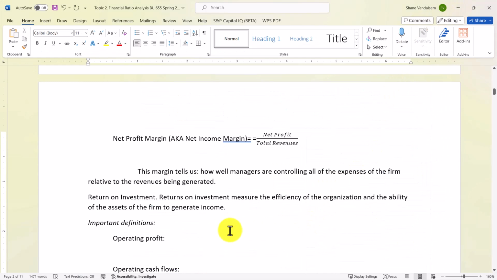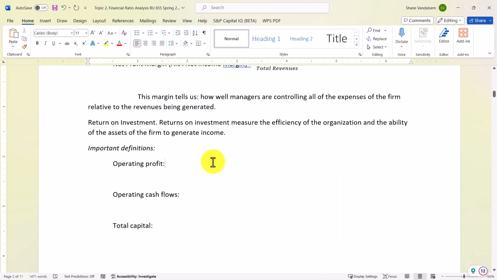So some important definitions, and I've mentioned this a little bit so far. Operating profit. We generally define operating profit as earnings before interest and taxes, also known as EBIT.